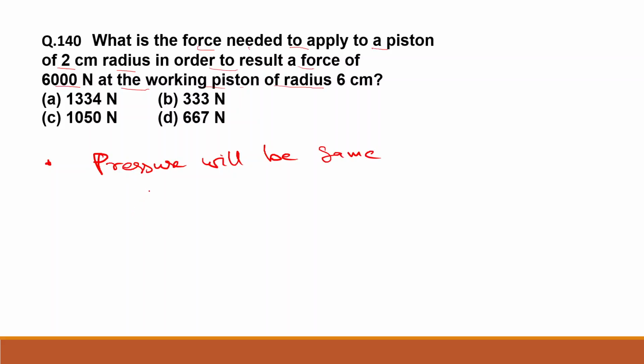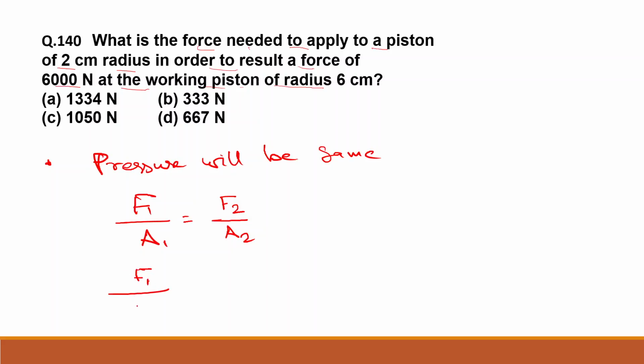Okay guys, first I will write that pressure will be the same, which means F1 upon A1 is equal to F2 upon A2. The F1 value is not given here.